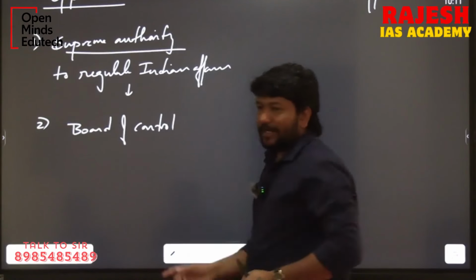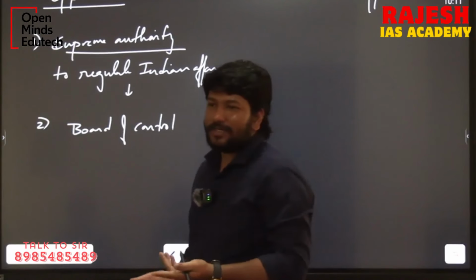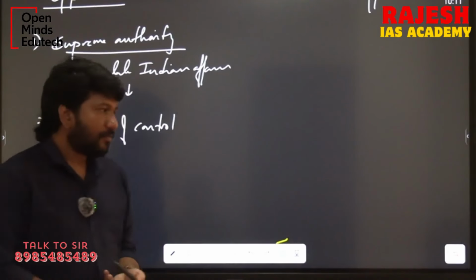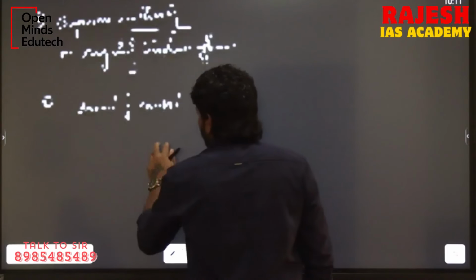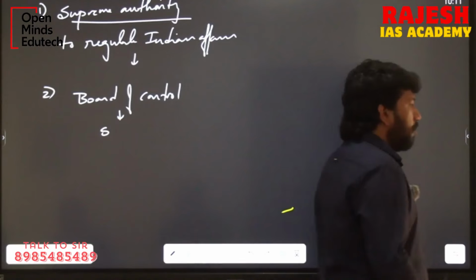The word supreme authority is what? Initially, annually, the Court of Directors had to give the reports. So what will this Board of Control do?